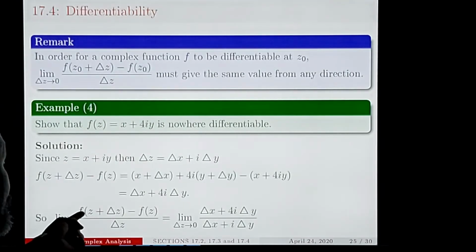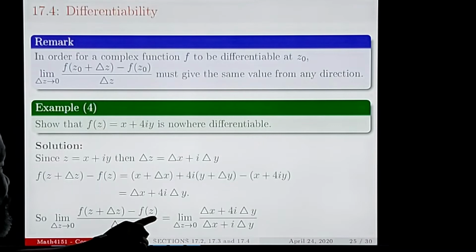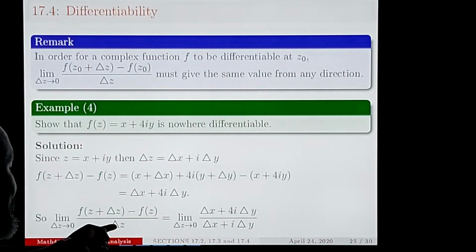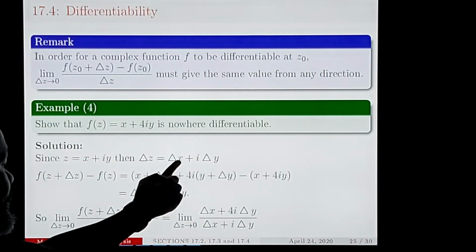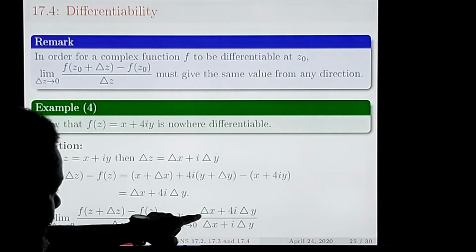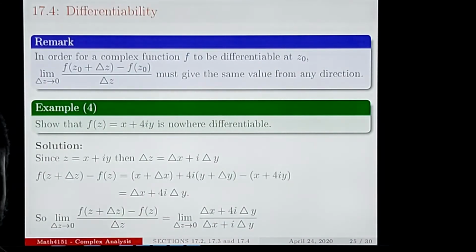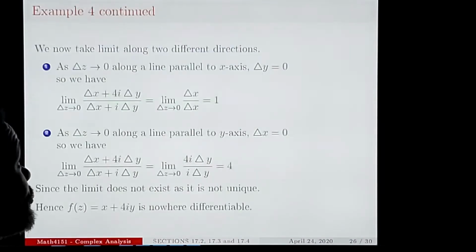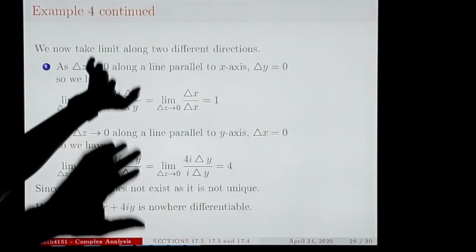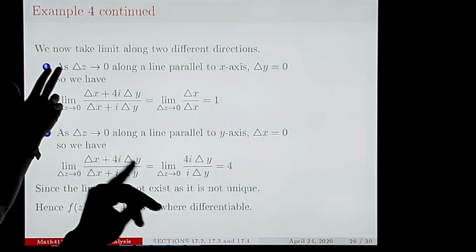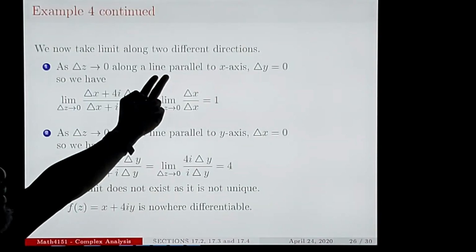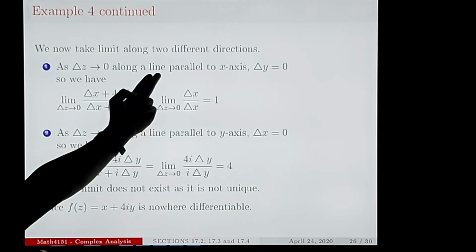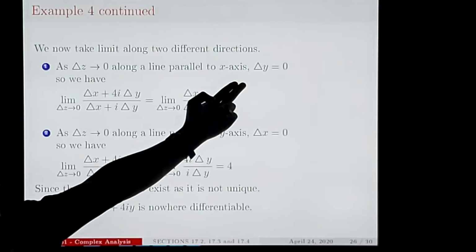So the limit of f of z plus del z minus f of z, divided by del z, as del z approaches 0, equals this divided by del z, but del z is del x plus i del y. Now this is a limit we need to check from different directions. So we just take the limit from two different directions. As del z approaches 0 along a line parallel to the x-axis, the real axis, that means it's horizontal, your del y would be 0.